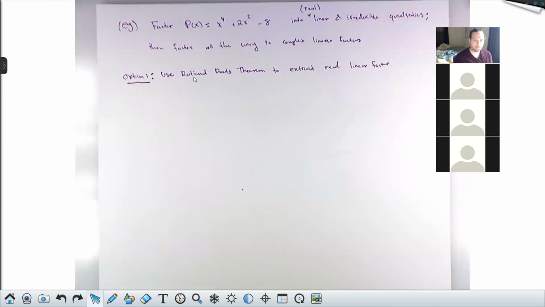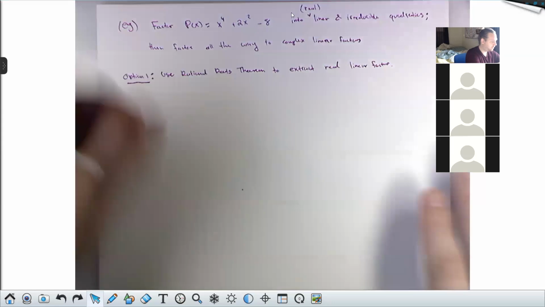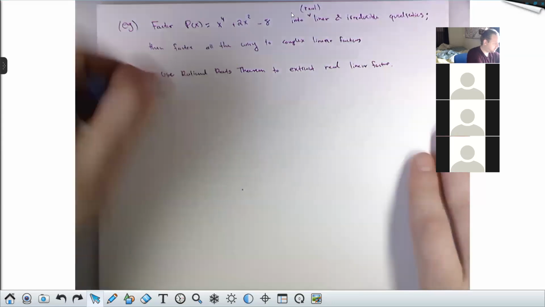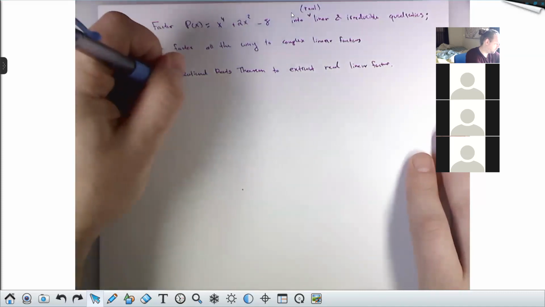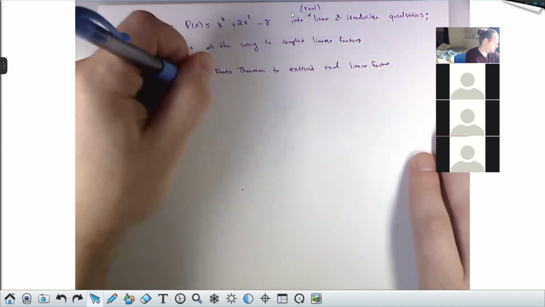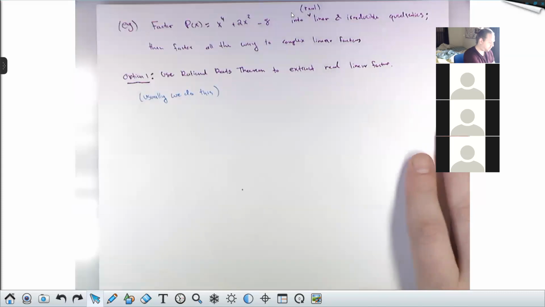That's an option. Unfortunately, it turns out that this particular guy doesn't have any rational roots. Given a problem like this, this is a viable option, and most of the time that would be what you do. So usually you'll do this. But this particular problem is insidious.